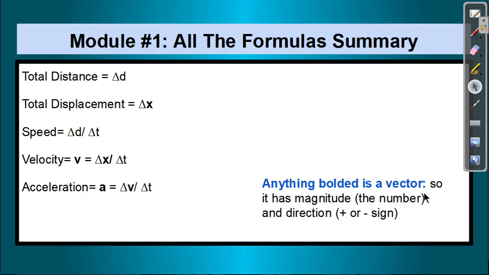What you need to know right now is that a vector is a quantity that has a numerical value, so 20 miles per hour, like that's speed, but it also has information about the direction, so 20 miles per hour east, west, north, south. And you do that by assigning a positive or a negative sign to that quantity. So that's what a vector is: a quantity plus a sign that has information about direction.